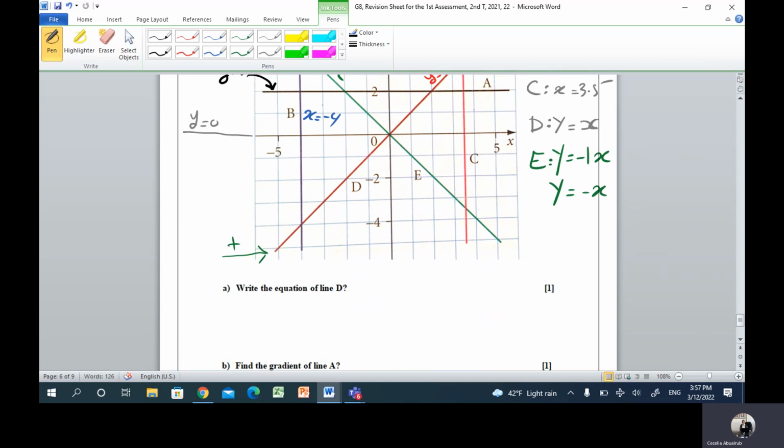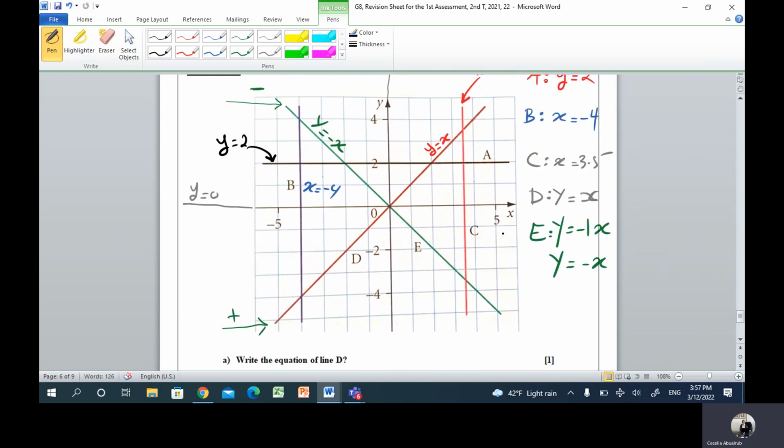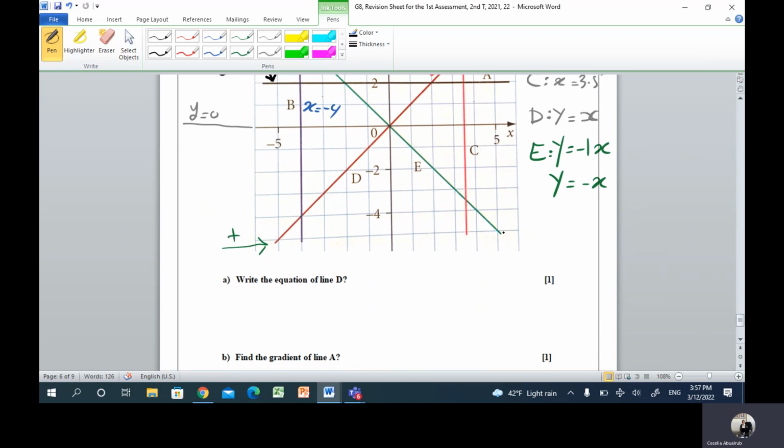We write the equation of line D. I can write this very easily. The equation is y equals x.